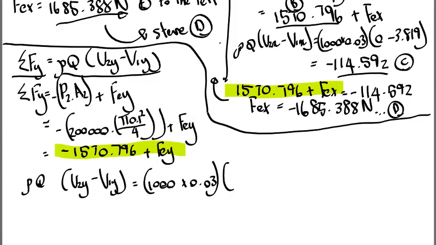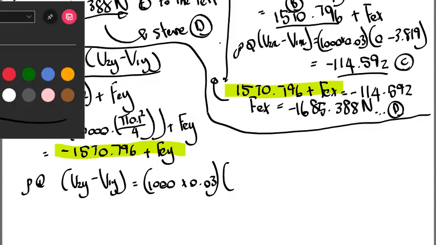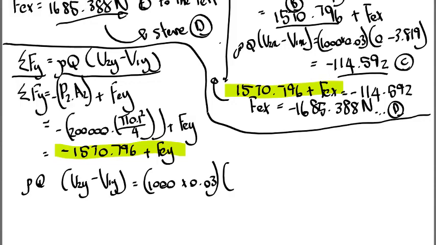Just before we go on, I just want to store this value in A, B, C, D, E. Store this one in E. I should have told you. So this value, just store it in E on your calculator so you can use it again.